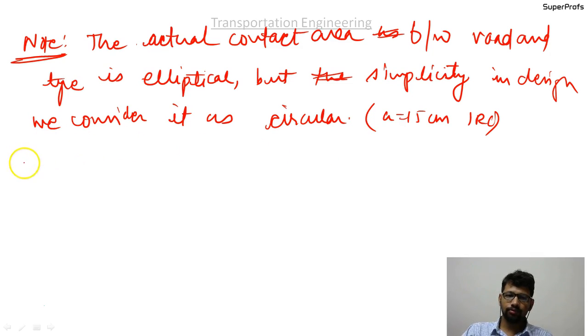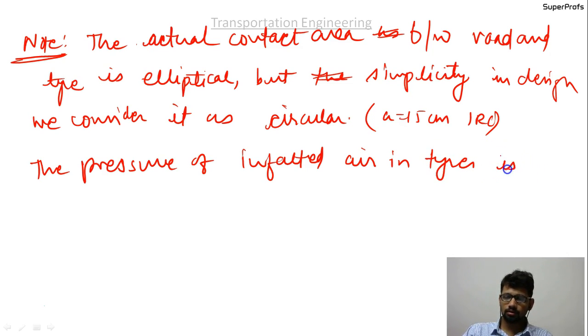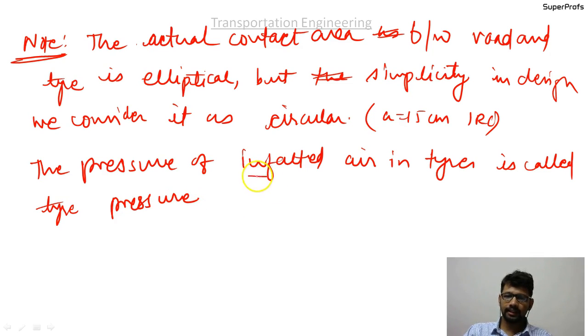And the pressure of inflated air in tires is called tire pressure. So it is the pressure of inflated air in the tires that is called the tire pressure.